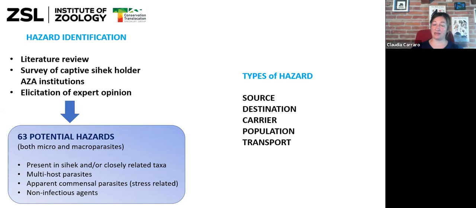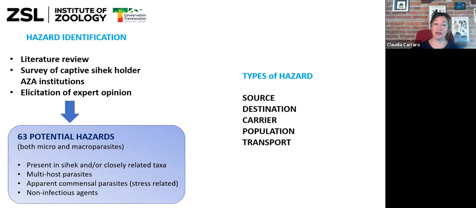We have source hazards, which are those found at the source, but novel at the destination site. Destination hazards are those found at destination, but novel to translocated animals. Carrier hazards are those commensal parasites which may cause disease under stressful situations.